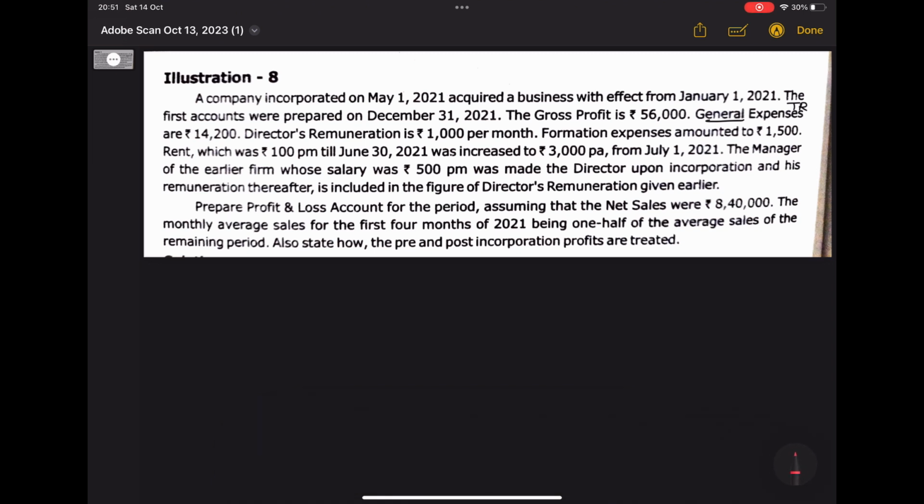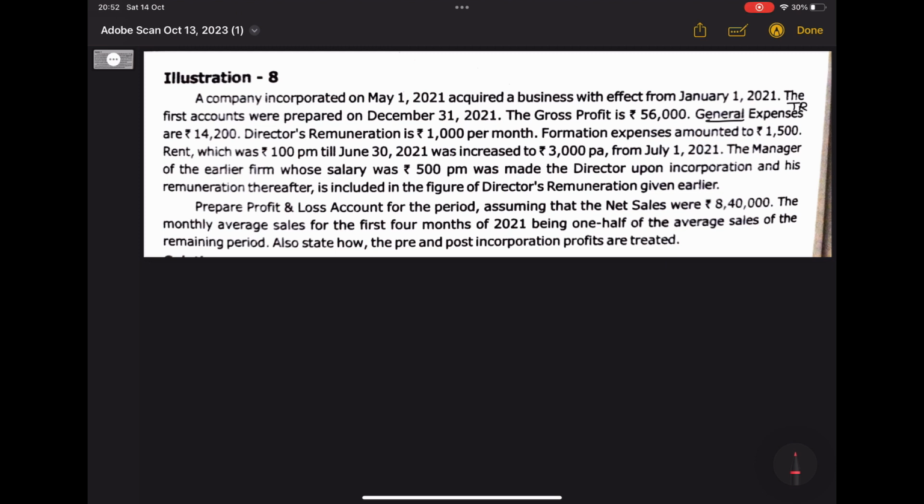Next, director's remuneration is 1,000 per month. So here they have given director's fees 1,000 per month as a value. So we are going to identify the time ratio, and we are going to pay only after incorporation, because before registration we are not going to appoint directors.